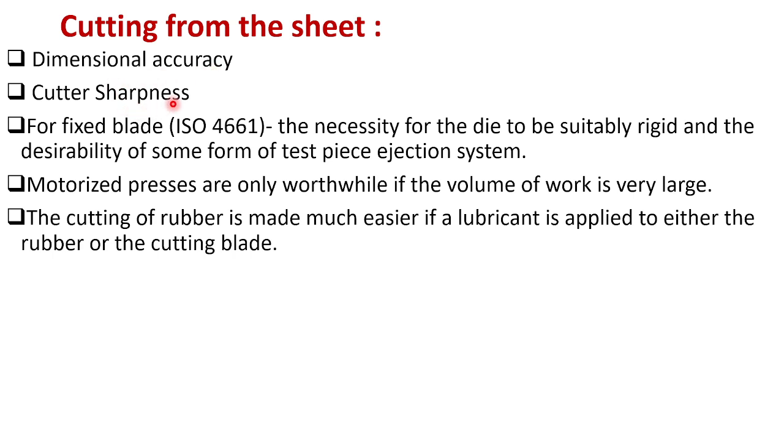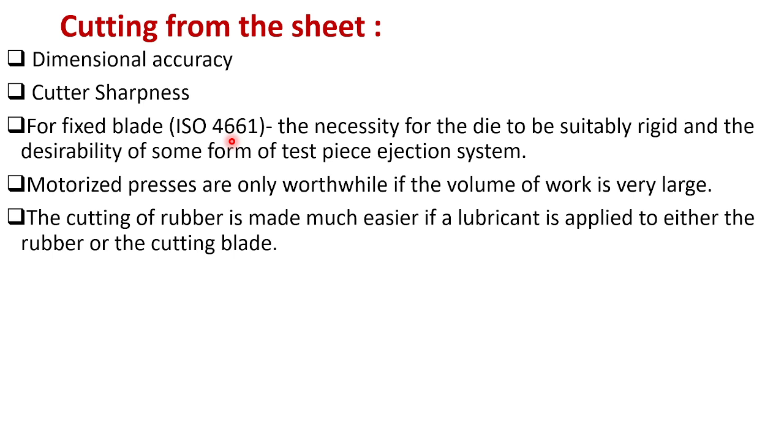The next is the cutter sharpness. Why is cutter sharpness important? If the cutter surface is not even, there will be flaws in your cut sample, and that will again create stress concentration points. There are different cutter blades. It may be fixed, or you can change the blade.